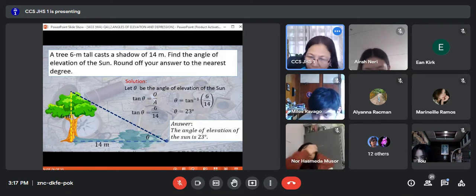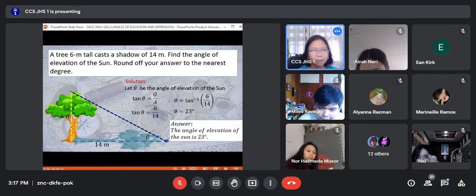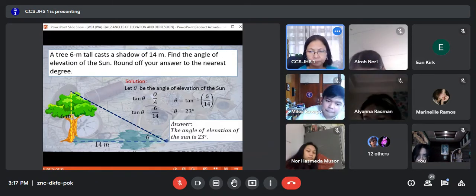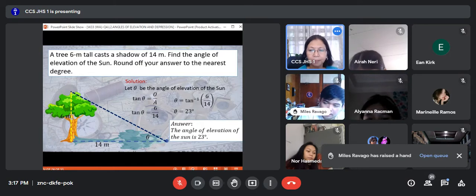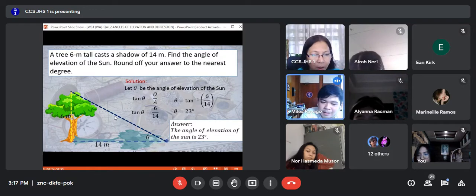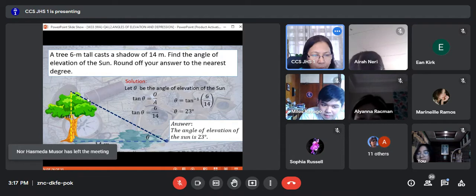Is it difficult? Not so. Yes, Miles? Sir, can I ask, the line of sight, sir? This blue line? Yes, what is your question? The line of sight is the dark blue broken line. But we are going to find the angle of elevation of this.